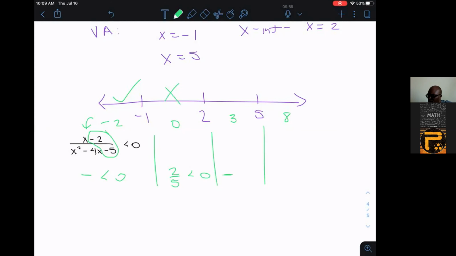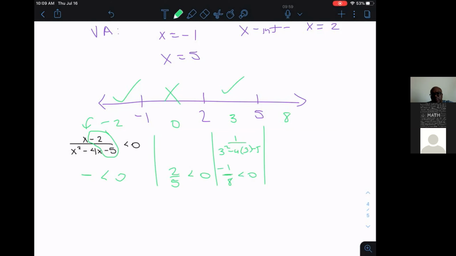So if I plug in 3: 3 minus 2 is 1, over 3 squared minus 4 times 3 minus 5. So 3 squared, that is negative 1 over 8. Yes, thank you. Negative 1 over 8, so it's negative. So then this one does work.